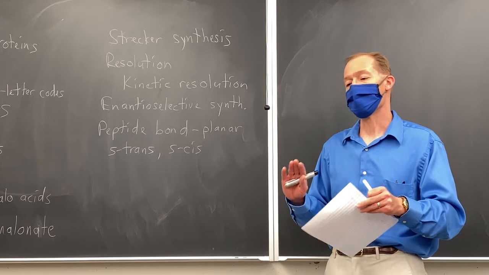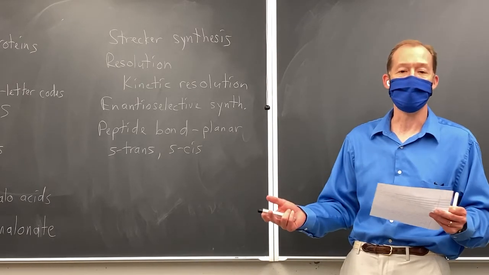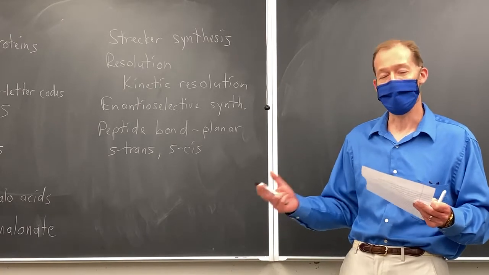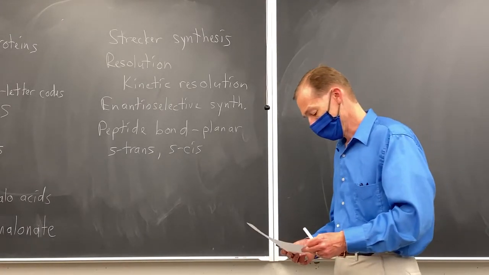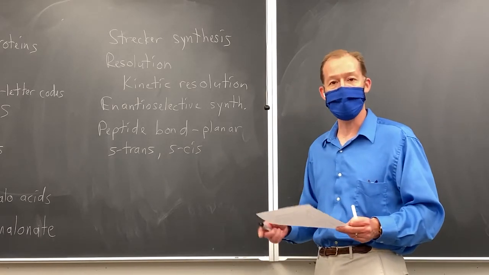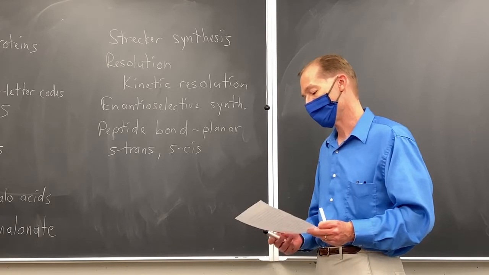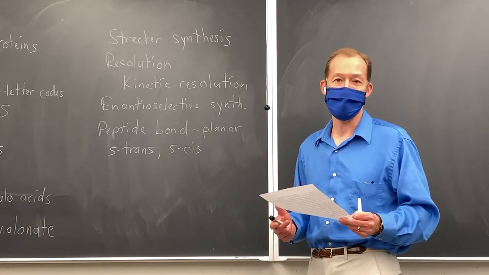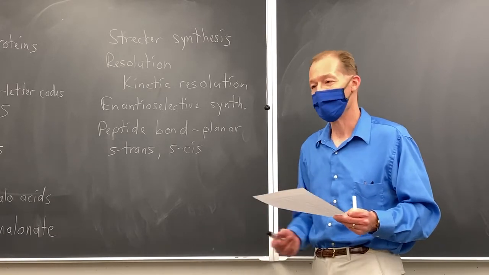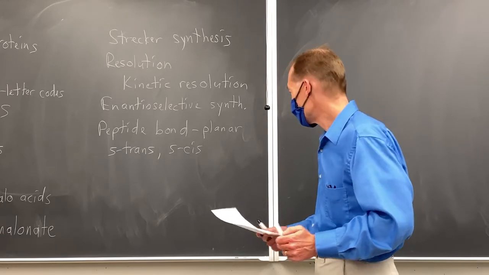And so you have twisting between the planes of those amides, and that's what creates such a diversity of three-dimensional structure in peptides. We skipped peptide sequencing, so remember that you can skip over that. You don't need to study that for exam number 4, and that information rarely shows up on an ACS final, so you can probably skip it in studying for the final as well.